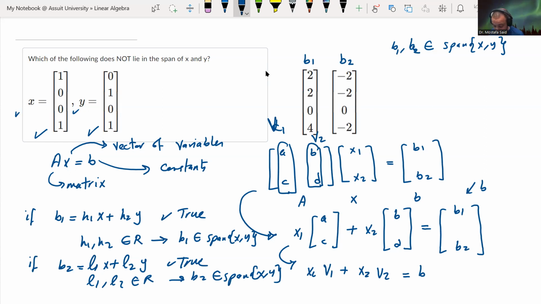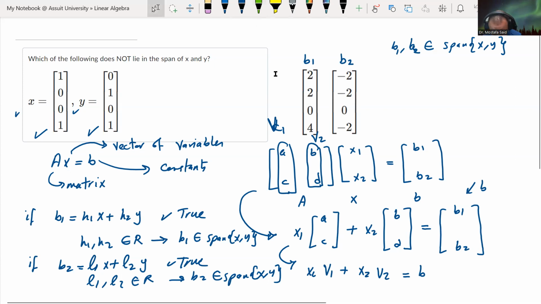So basically, we want to search for the one that doesn't belong. Actually, the actual question has 4 vectors. Let's call them B1, B2, B3, B4. I just put 2 here for simplicity.